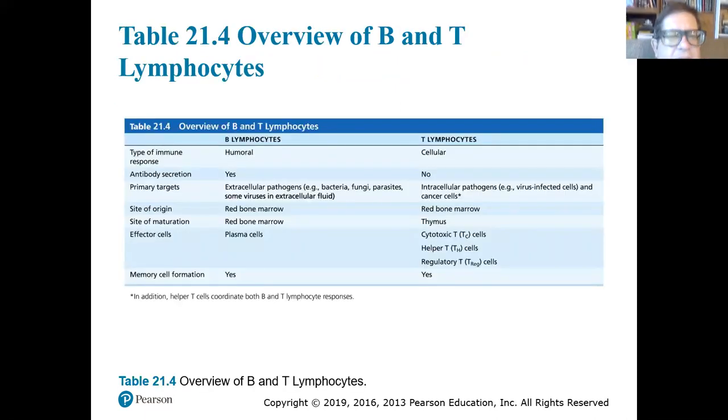Anyway, so here is the table clarifying the difference in B lymphocytes and T lymphocytes. It is table 21.4. I would say this is important to know. Let's see, types of immune response. Yeah, you should know that. Antibody secretion. Yeah, you should know that.